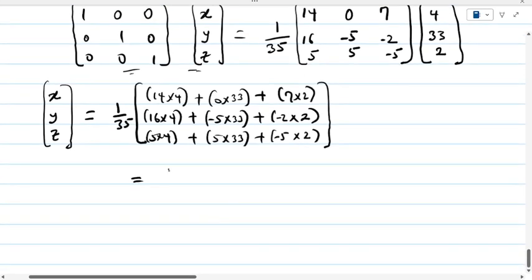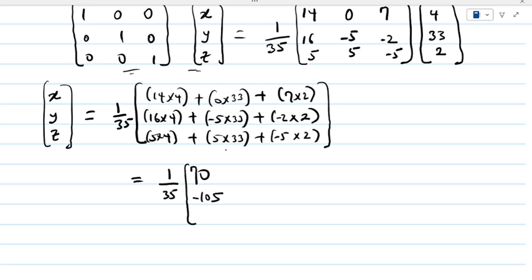So solving this, we have 1 over 35. We have 14 times 4 is 56, 0, 7 times 2, 14. That's 56 plus 14, we have 70. So we have 64, we have this and this, we sum it together, we have minus 105. This 20, this 165, this minus 10.